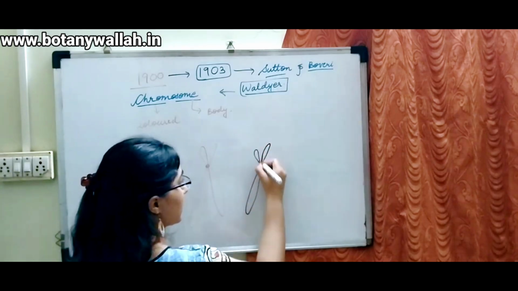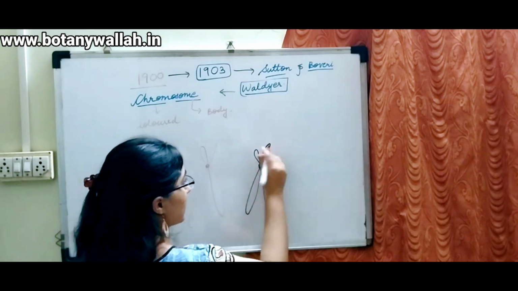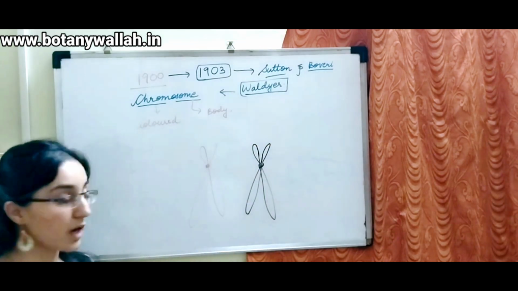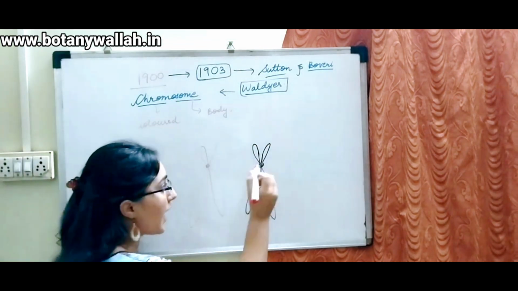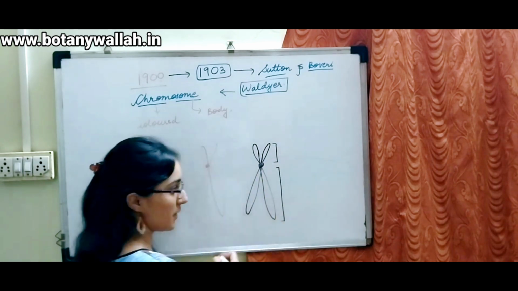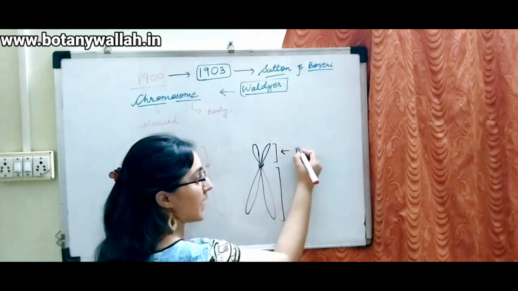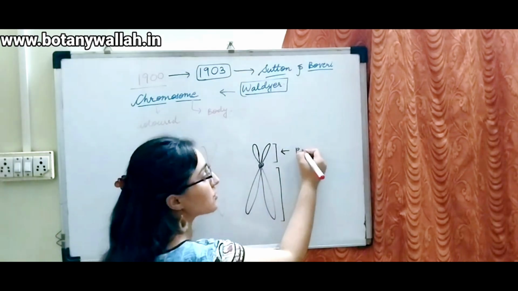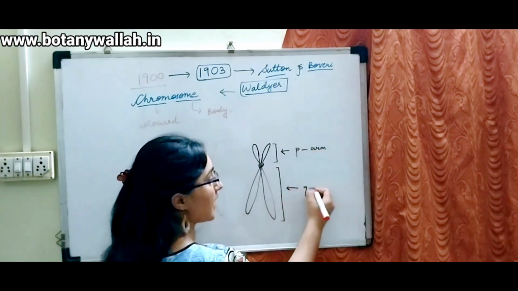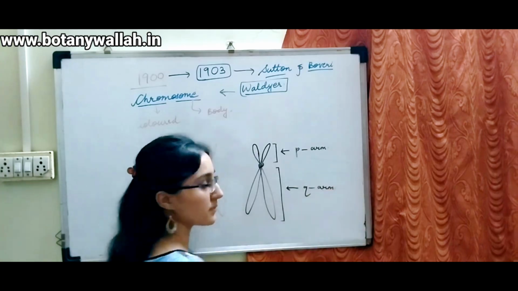Okay, this is perfect. So this is a chromosome, and this is one arm and this is the second arm. This arm we call the P arm, and this we call the Q arm.